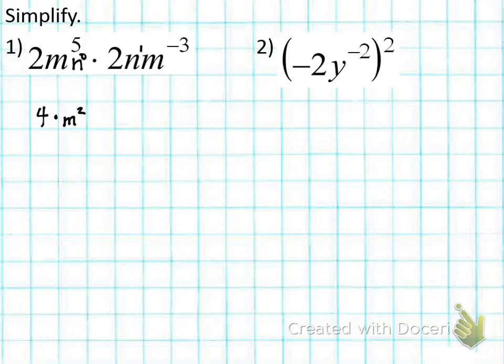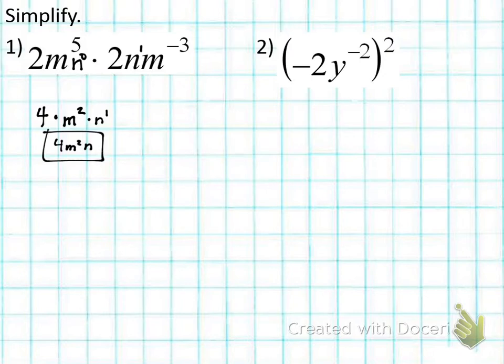It's 1. What's 1 times anything? Itself, right? So we have n to the 0 times n to the first. What's 0 plus 1? 1. So we're going to write n to the first here. And now we're going to simplify this. We got 4 times m squared times n is 4 m squared n. That's your final answer for number 1.